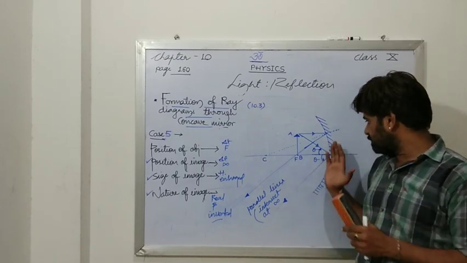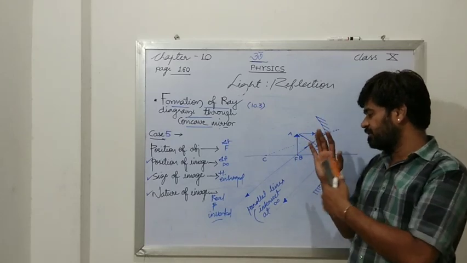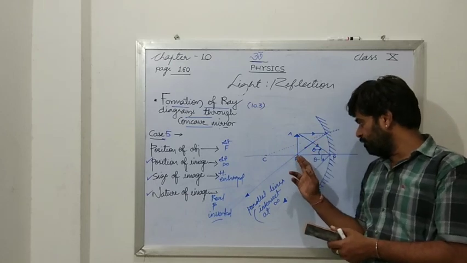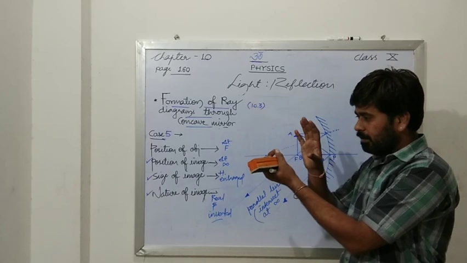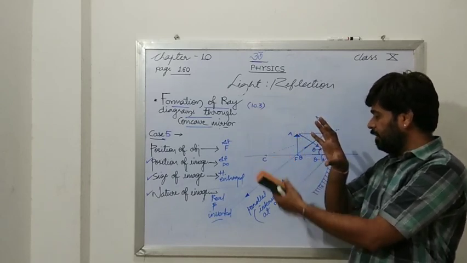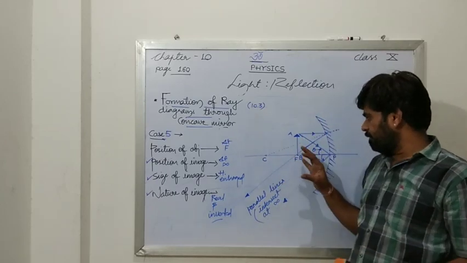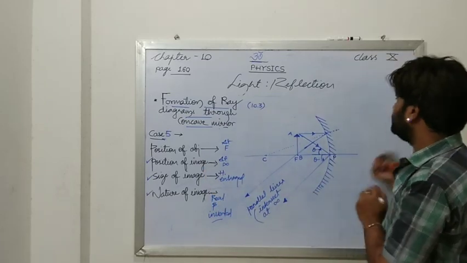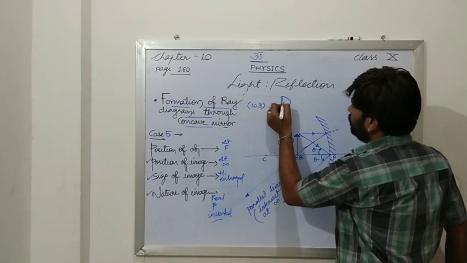If you have a bowl which has a reflecting surface inside, that is concave type, and you put an illuminated object at its focus, then the reflected rays will be parallel. The best example is the headlight of all types of bikes.